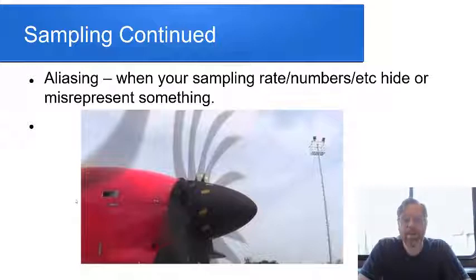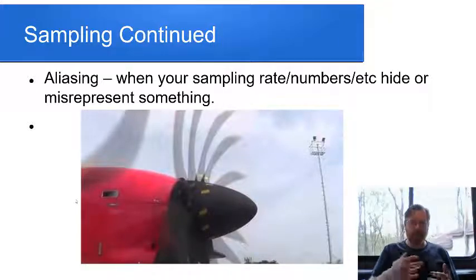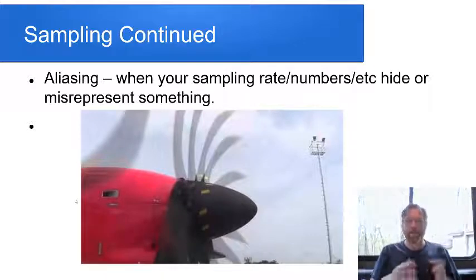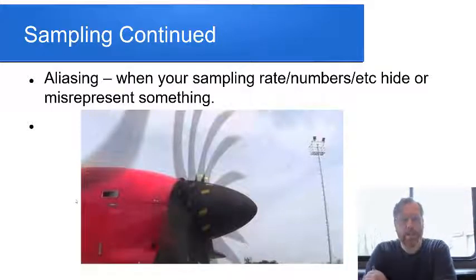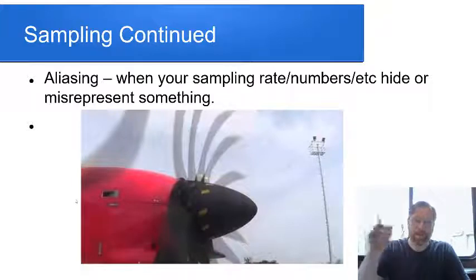Something I meant to talk about Monday is aliasing. It's basically anytime your sampling rate, number of samples, whatever, manages to hide or misrepresent something. A great example of this is you can see it in anything that's on film that's rotating.